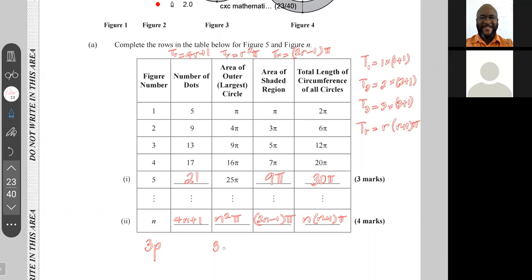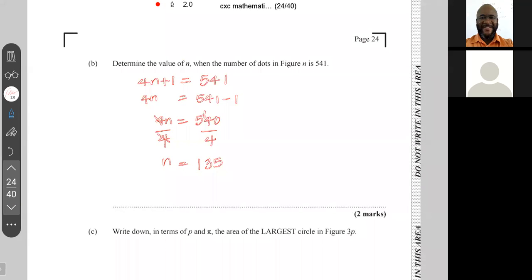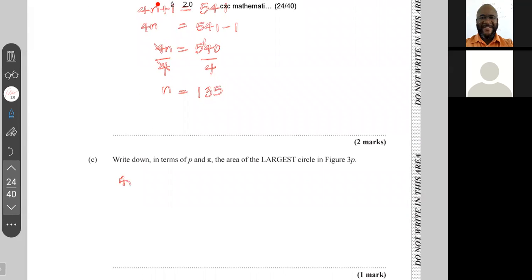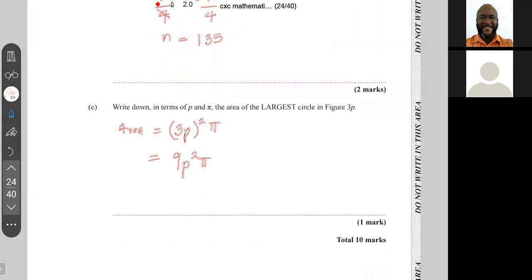So it's going to be (3p) squared pi. The area is equal to (3p) squared pi. 3 squared is 9, so this is 9p squared pi. That is the area of the largest outer circle when the figure number is 3p.